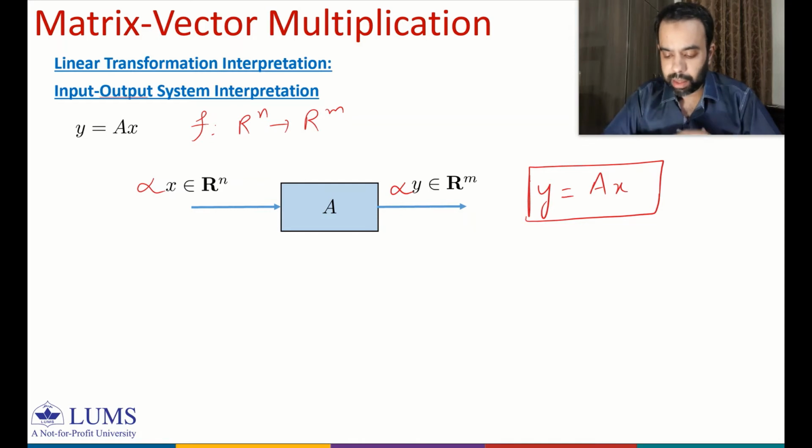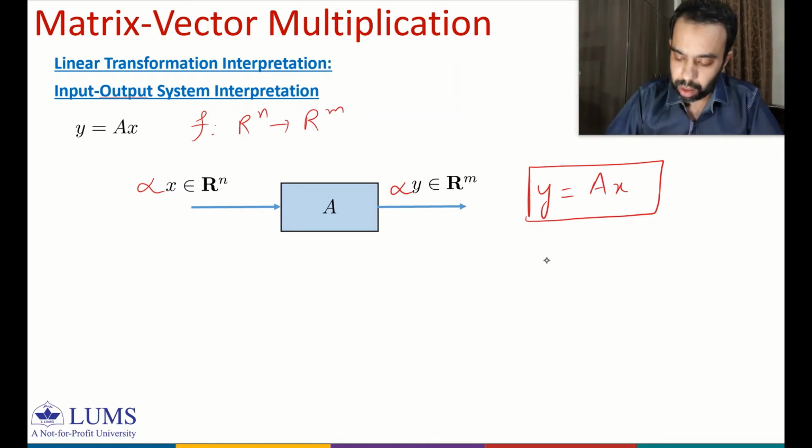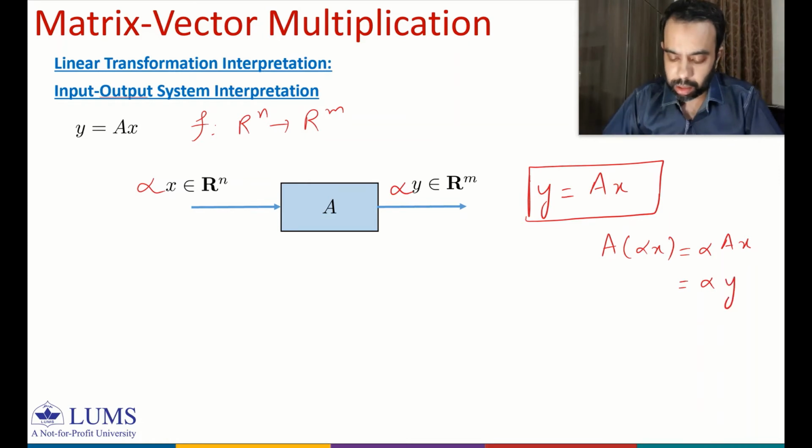And here we know that if A acts on alpha x, by the definition of scaling on vectors, what you get is alpha times A of x, and that is equal to alpha times y. So this system satisfies the scaling property.